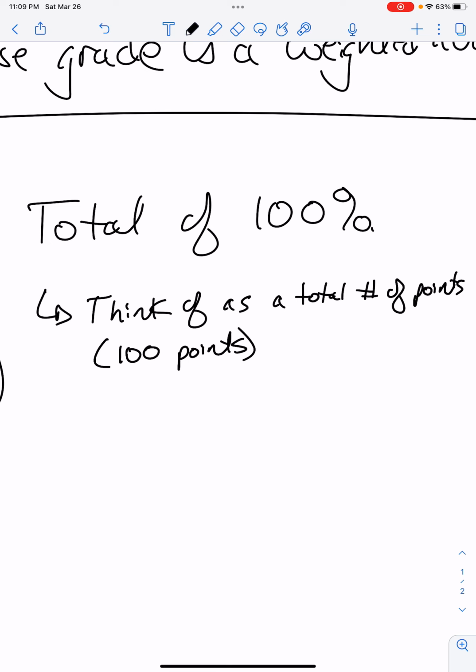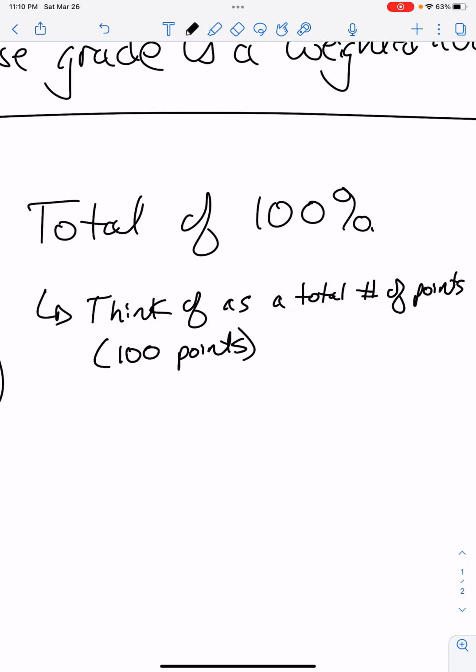And this basically becomes like a bucket. You're trying to fill the bucket as much as possible. And there's 100 points possible. That's the size of the bucket. So if you get 80 points, you have 80% in the course. Or I guess that would be an A-. That's a very good grade.